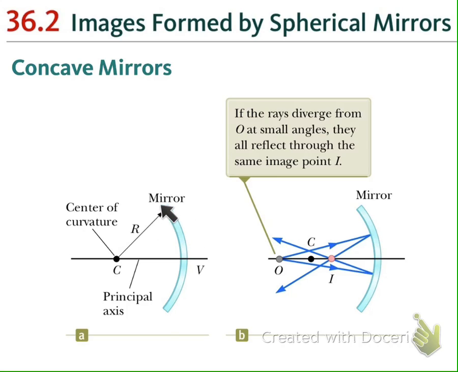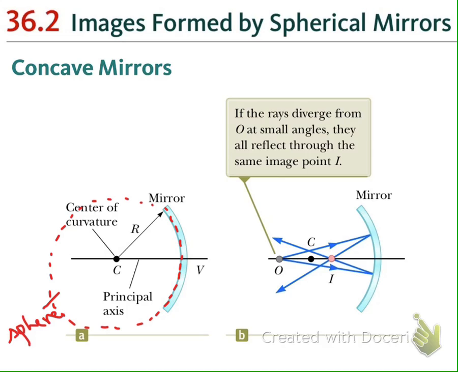That is, we will discuss only the concave mirror that the surface of the mirror is a part of a sphere. Okay. It means that if you look at the surface of this mirror and you extend the curve, it will be the sphere. Okay.